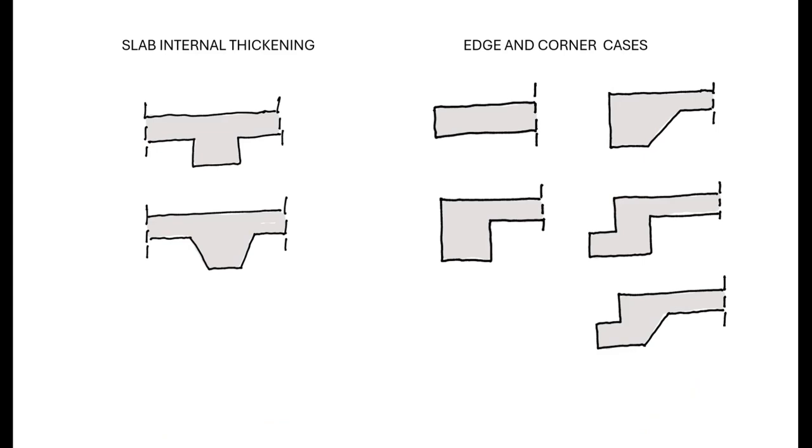There are a couple of variations of the thickenings possible to define in our software. So we have internal slab thickenings where the thickening is just a rectangular beam or a beam with chamfered edges. For edge and corner cases, we may check it for just plain slab or rectangular beam or rectangular beam with one edge chamfered, and also we can check that beam if we have a nib.